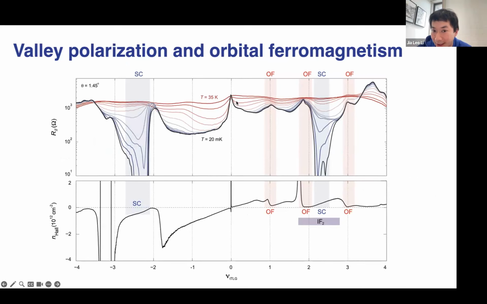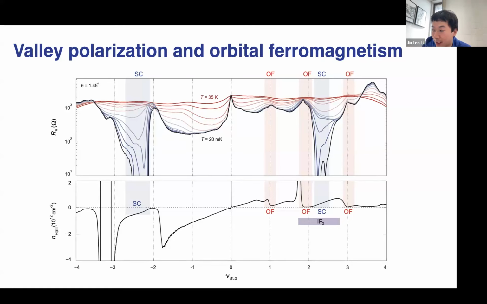And my understanding is that we see orbital ferromagnetism near integer filling because the sublattice is somehow spontaneously polarized near these points, which gives rise to the orbital ferromagnetic order. But away from these points, for the majority of the flat band, we don't see magnetic hysteresis, meaning there's no orbital ferromagnetic order, but we still see some level of non-reciprocity, right?